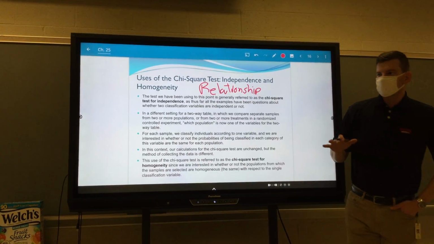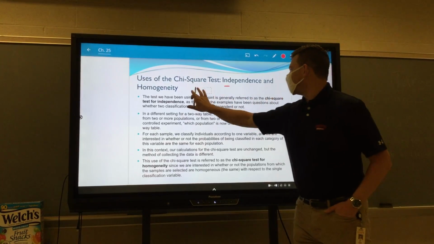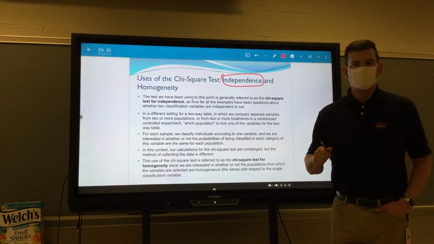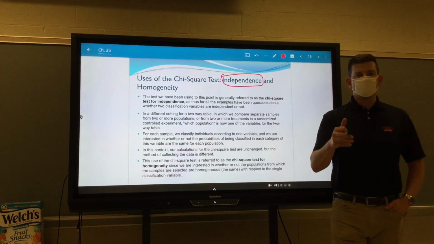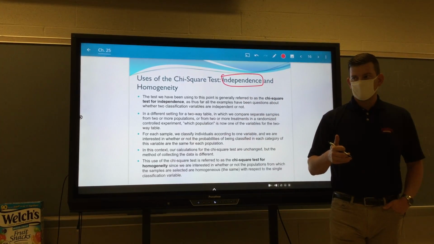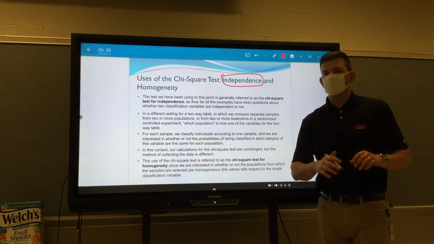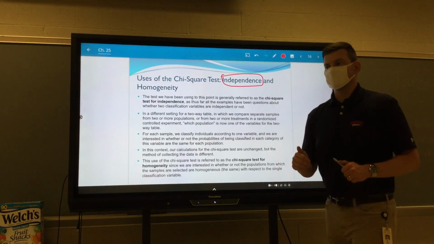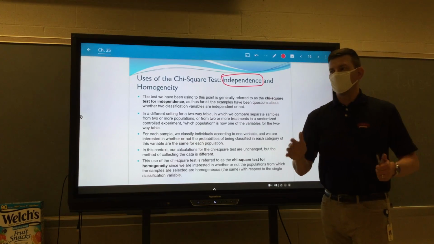So the test that we saw in our last class period was really a chi-square test of independence, where we had a single sample from which we were drawing our data, and we're testing to see if the distribution of those values across our sample is what we would expect if that null hypothesis is true and there really is no relationship.